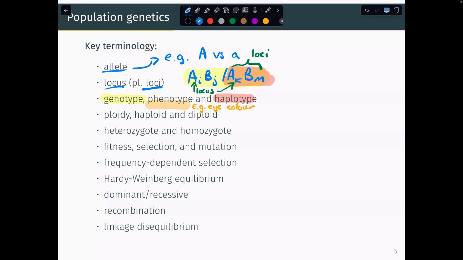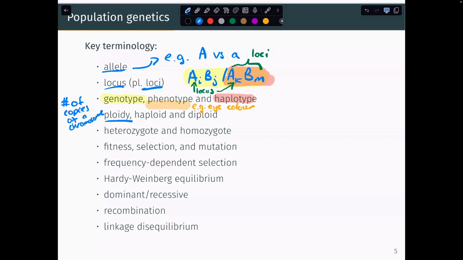Okay, so I've talked about diploids a little bit. We covered briefly this concept of ploidy in general, and ploidy is saying essentially the number of copies of a chromosome that an individual has.